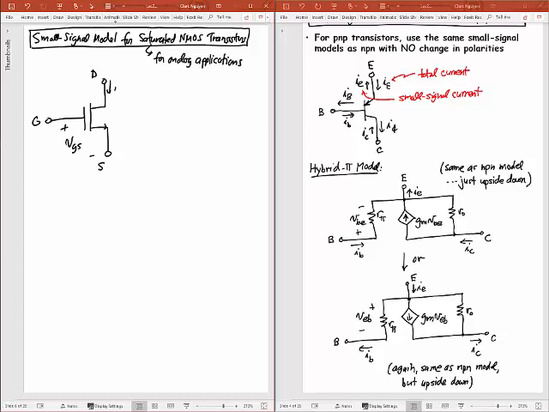I'm going to have a current flowing down here that's going to be little i_D, and a voltage across this, which I'm going to call little v_DS. So same voltages as the large signal case, except I'm making small signal versions of them, so all lowercase variable and subscript. And what I want out of this is the small signal equivalent circuit.